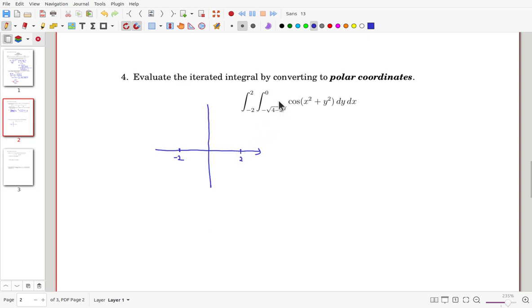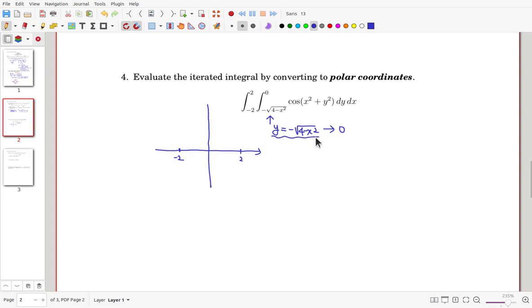For each x, y is from this one to 0. Okay, so it's a bottom portion. So that means y is moving from minus square root of 4 minus x squared to 0.